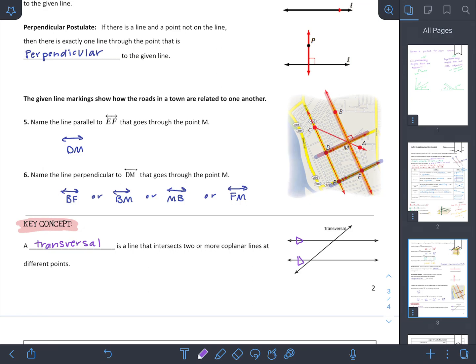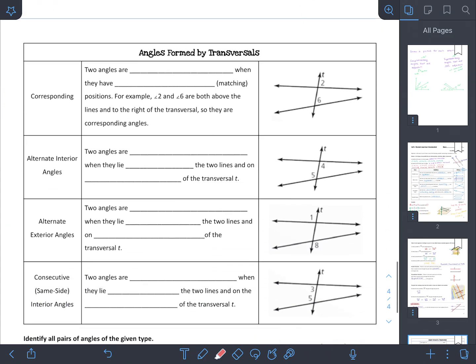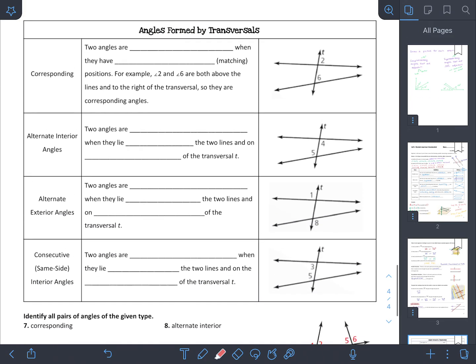What's cool about this is a lot of different angle relationships are formed. So we are going to be seeing transversals cutting parallel lines for the rest of the unit. But again, that transversal is the line that is cutting through two others. So if you have two lines on a graph and you draw a line through them, you would call that the transversal. So let's see the angles that are formed with transversals.